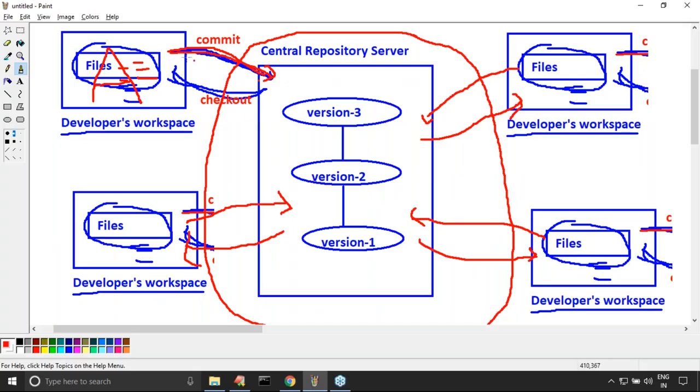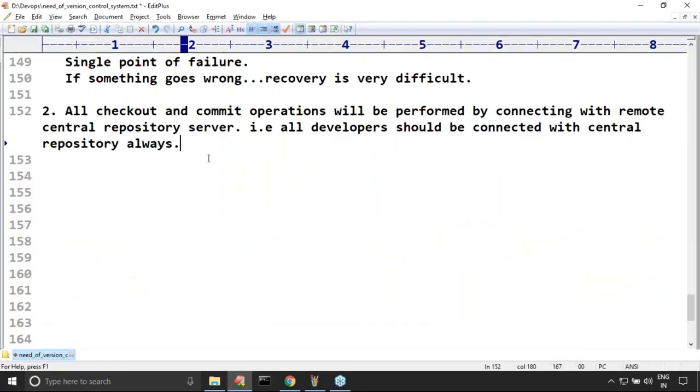So it must be connected. Checkout operation, you need to connect. Commit operation, you need to connect. Then all developers should be connected with the central repository always.